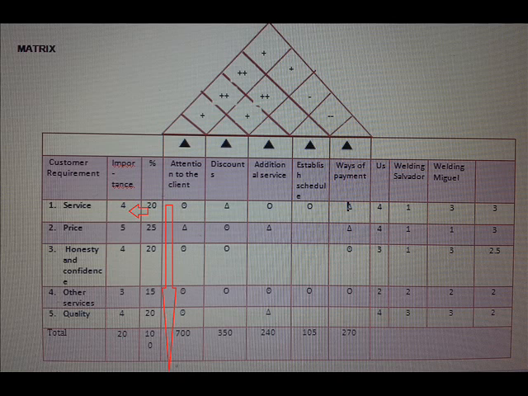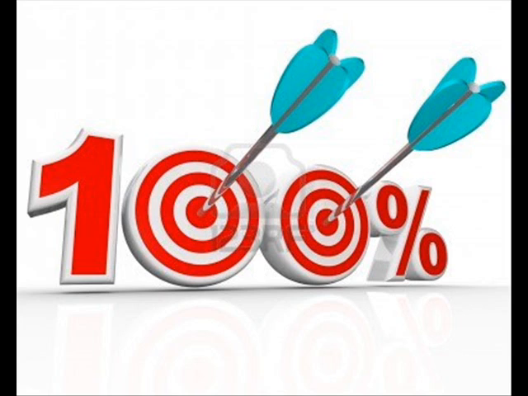For honesty and confidence, we divide 4 into 20, multiply it by 100, which gives us 20. Other services, 3 divided into 20 times 100, which gives us 15. And finally, quality, which is 4 divided into 20 times 100, which gives us 20.